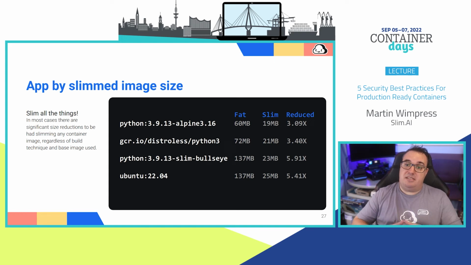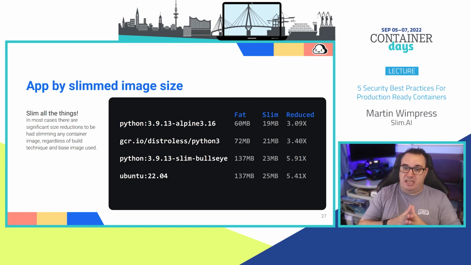In most cases, there are significant size reductions to be had, slimming any container image regardless of build technique or the base image used. In our example here, we can see a 3 to 6 times size reduction. Quite modest, but valuable all the same, as the container attack surface has been significantly reduced.